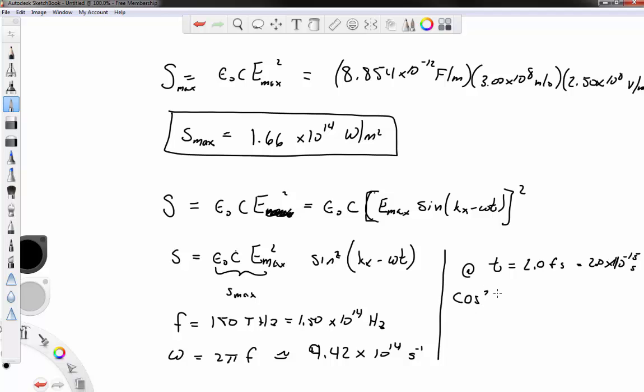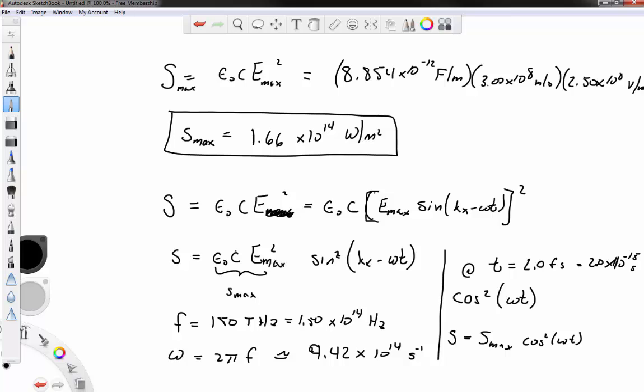And so you effectively have cosine squared of omega t. And so basically this means that S is going to be S max times cosine squared of omega t at this particular place at this particular time. So that's just going to make it so we don't have to do a lot of extra calculation gymnastics to figure out what time this actually occurs at. We can just plug the 2 femtoseconds directly in here.